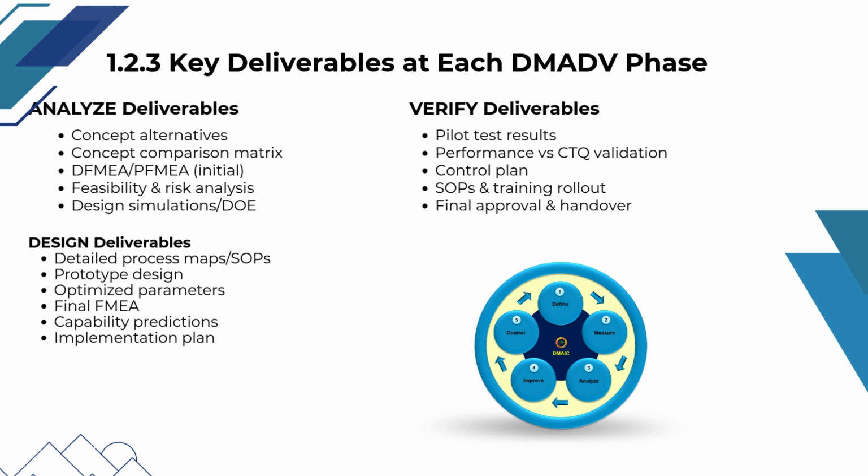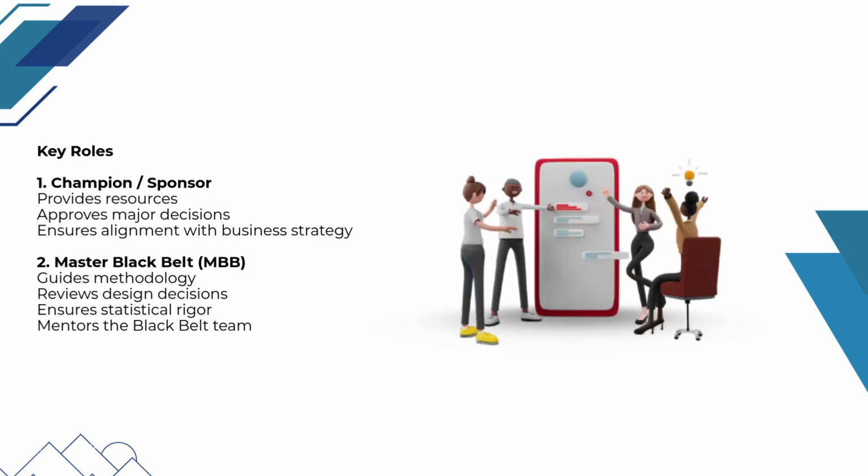Finally, the verify phase delivers performance validation against CTQs, control plans, finalized SOPs and training rollout, and the final approval and handover, ensuring the design is robust, operational, and ready for full-scale implementation.